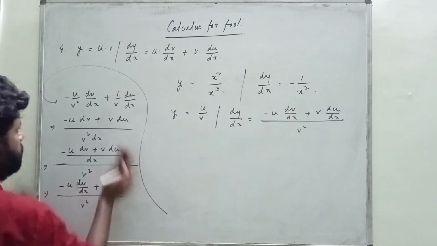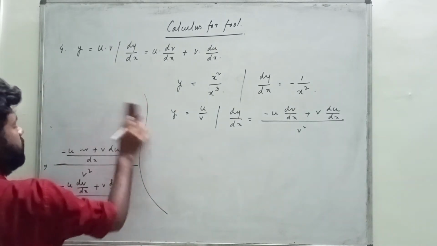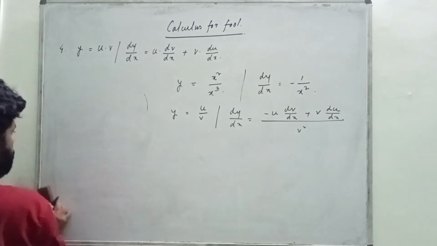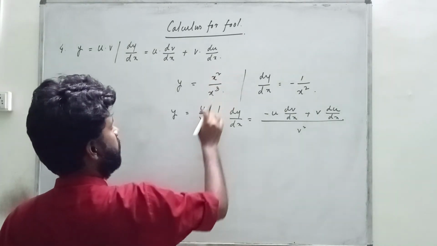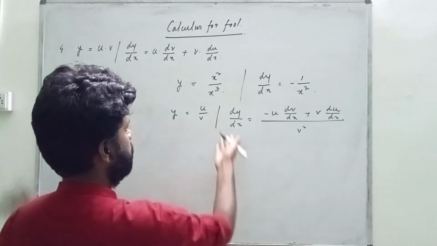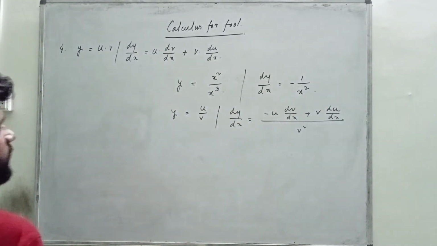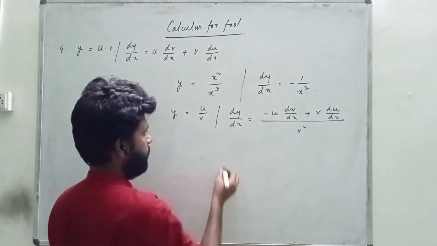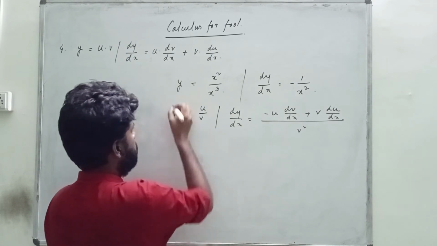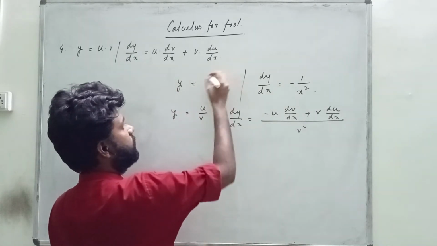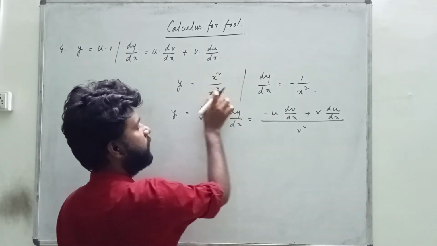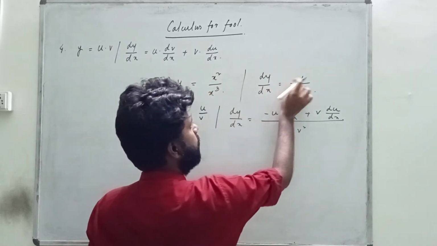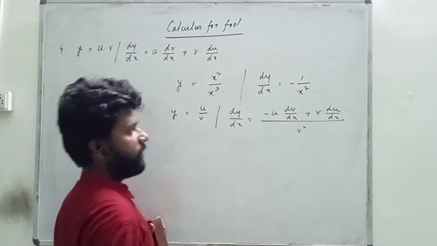Just verify. Now I will verify this with our previous results. If u is x squared and v is x cubed, then what will dy over dx be, right? Okay, so it is our previous result. If y equals x squared over x cubed, dy dx goes to minus 1 over x squared, right?